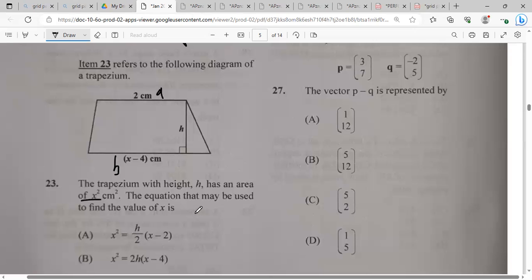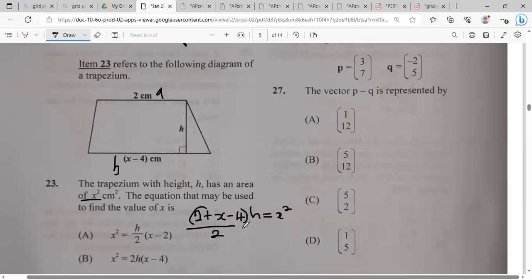So it's going to be 2 plus x minus 4. It's supposed to be a plus b, over 2, times the height. And that must equal x squared. So the solution here is 2h, 2h.